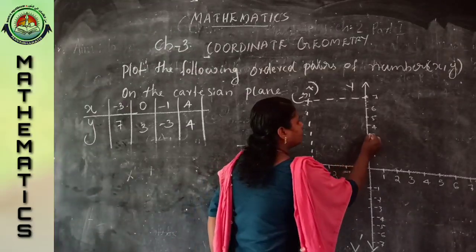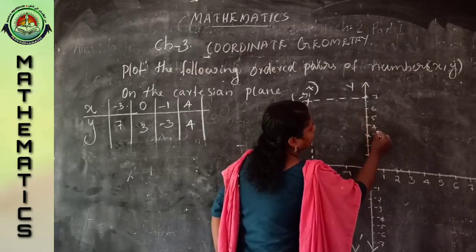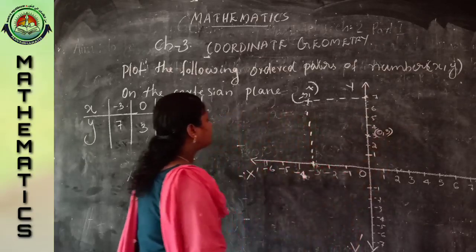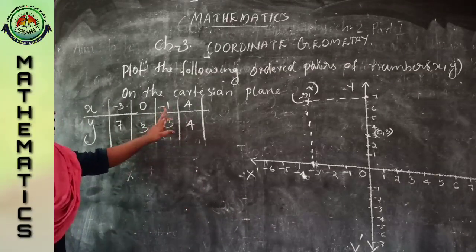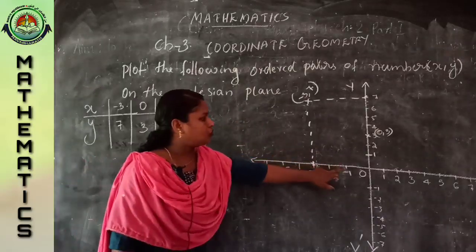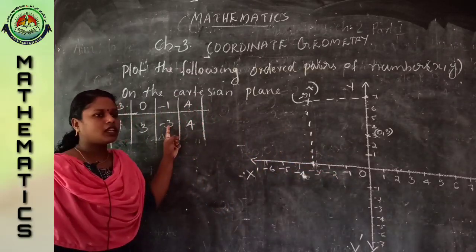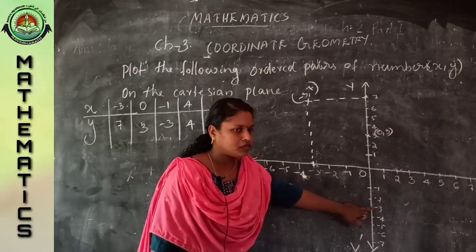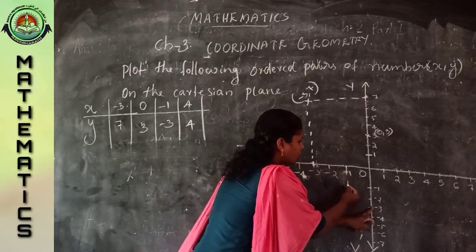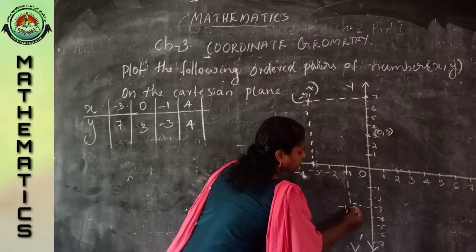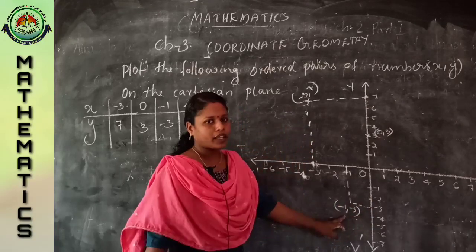This is the point 0, 3. Next, negative 1, negative 3. This is the point.